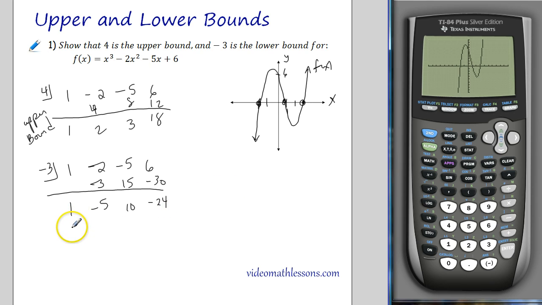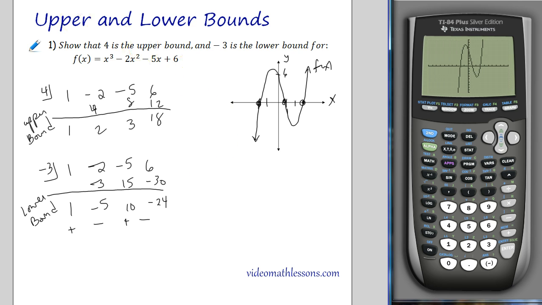And see, this is positive, positive, negative, alternating. Therefore, -3 is the lower bound. And that's it. That's the basic concept.